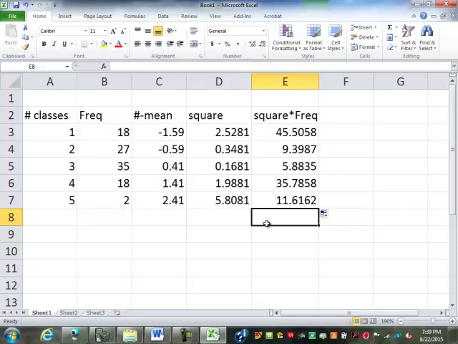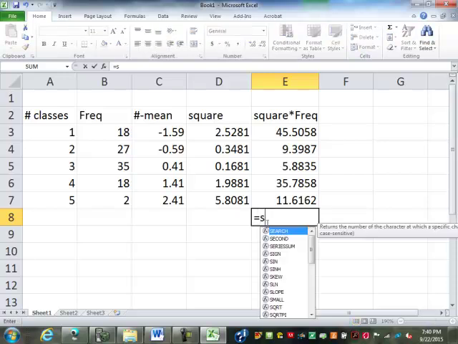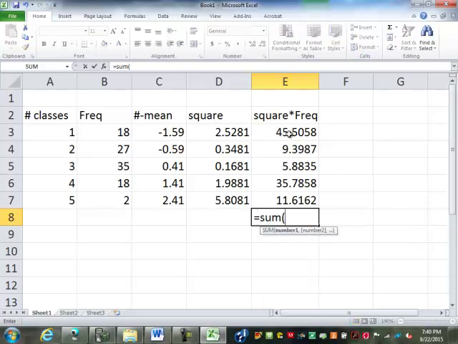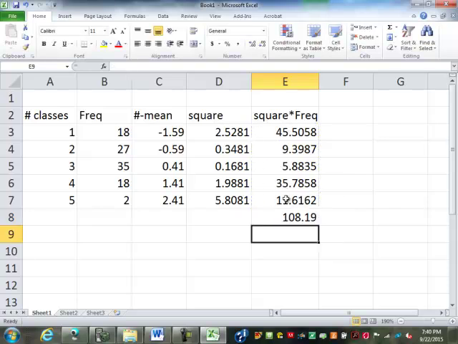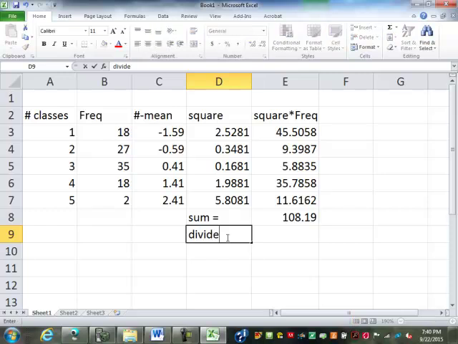Well, now we're back on track to what we were doing for a standard deviation for just a list of numbers. The next step would be to add them up. So we have a total of 108. Then what? Divide by n minus 1.